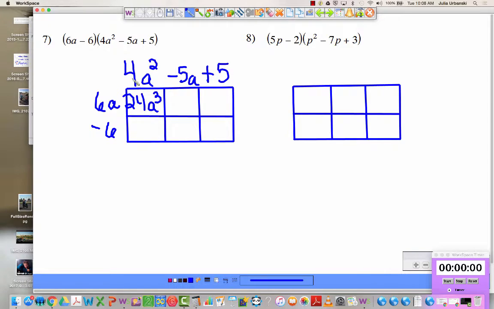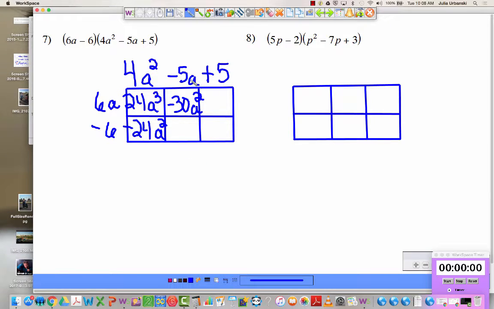Let's go down this time. 4a squared times negative 6. Negative 24a what? Squared. Good. Now do your negative 5a times each of these. 6a times negative 5a? A squared, that's right. Negative 30a squared.